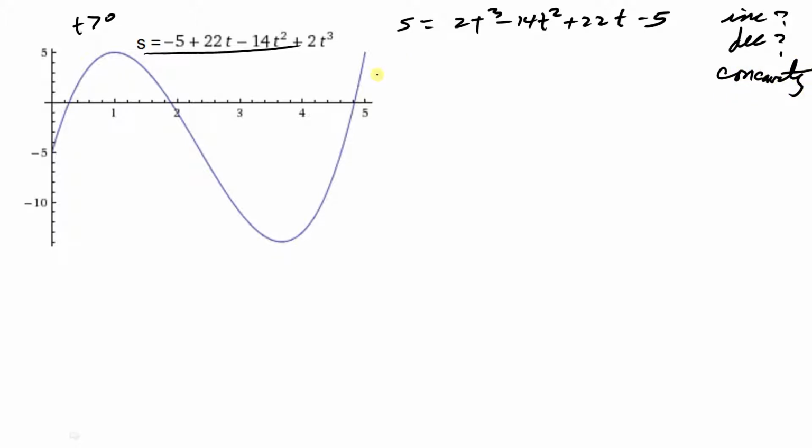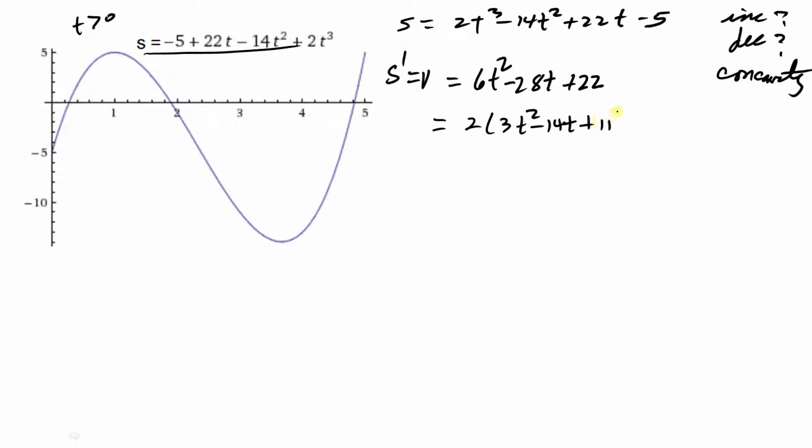So let's take the first derivative of the function, which is equal to the velocity, and it is equal to 6t squared minus 28t plus 22. And this can be written as 2 times 3t squared minus 14t plus 11.